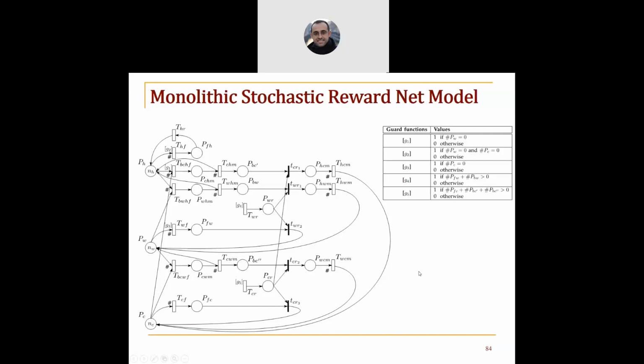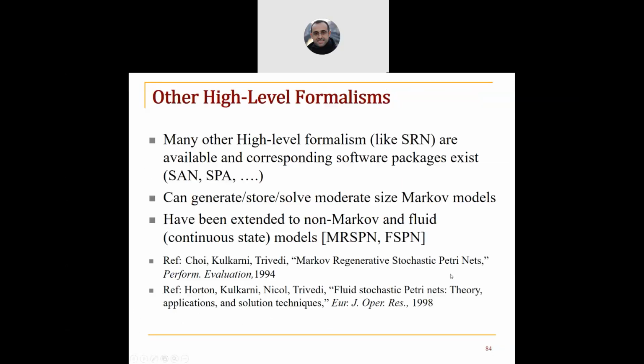Of course, the underlying Markov chain will be larger or smaller depending on how many machines you put in each of the pools. And of course, many other high-level formalisms exist, such as SRN, the stochastic activity network, stochastic process algebras, and they can generate, store, and solve moderate-sized Markov models, and have been extended to non-Markov and fluid or continuous state models.